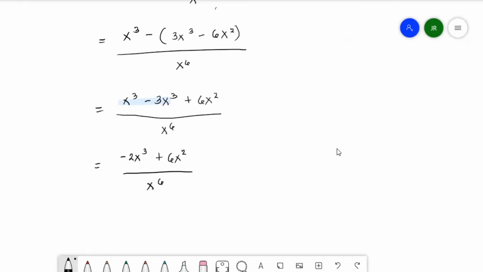So this expression ay pwede pa pong i-simplify. Actually, pwede pa po. Why? Meron tayong common factor. So sa numerator natin, they are both divisible by x squared. So meron tayong common factor which is x squared.